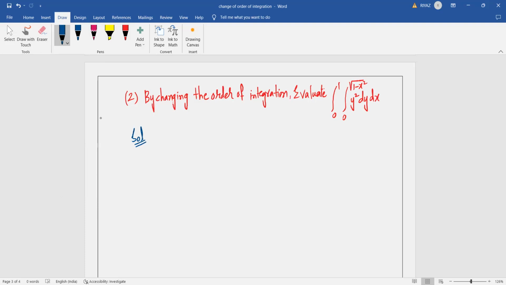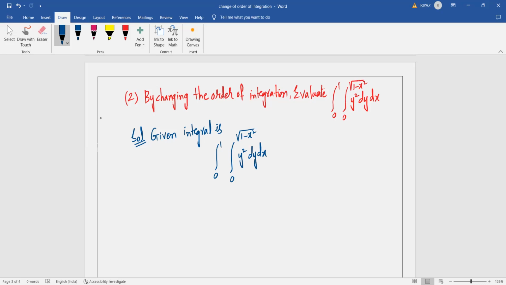First, the given integral is integral 0 to 1, integral 0 to under root 1 minus x square, y square dy dx.